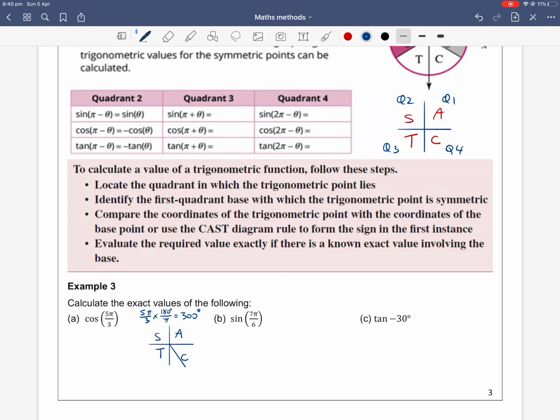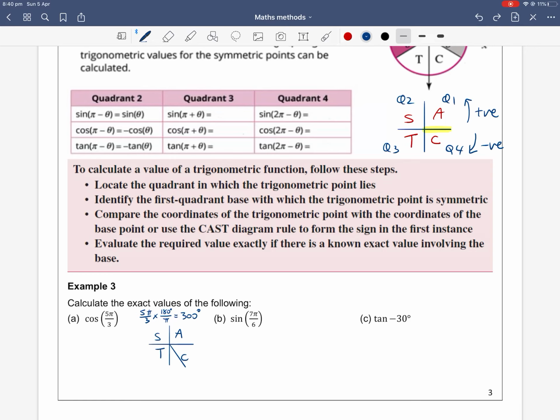Throwback: we start counting angles at the positive x-axis. Going anti-clockwise is positive, going clockwise is negative angles. So over here we've got 300 degrees.